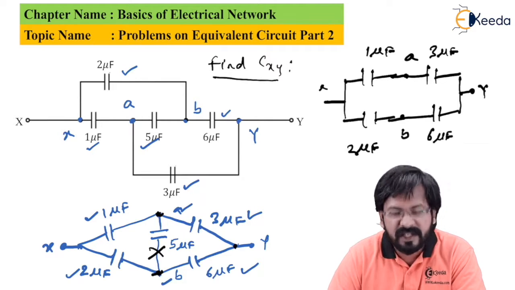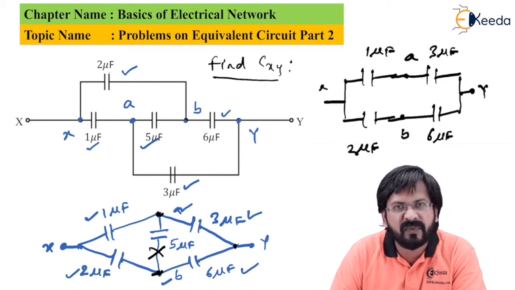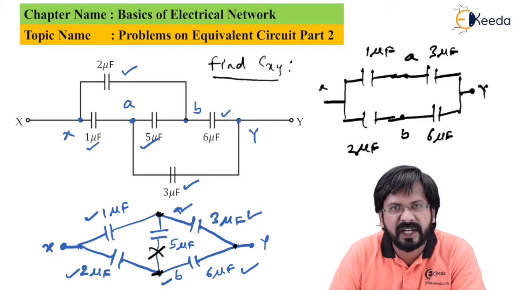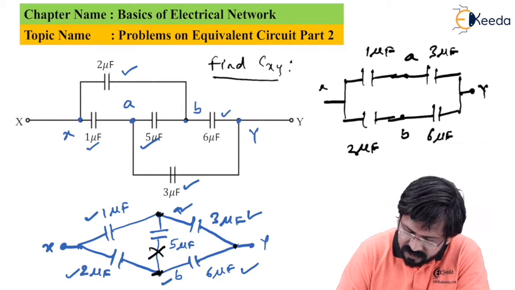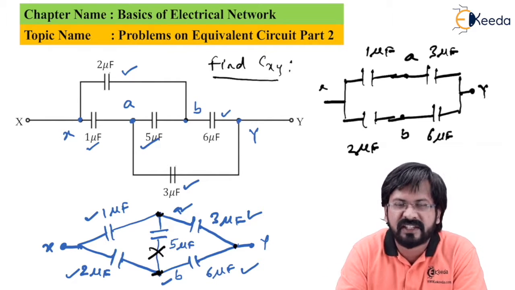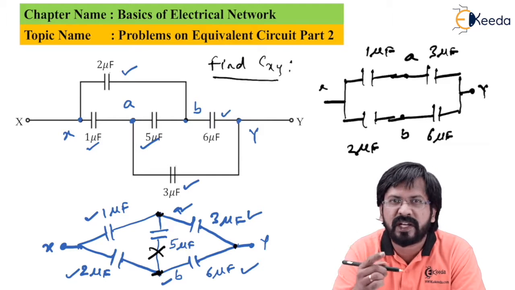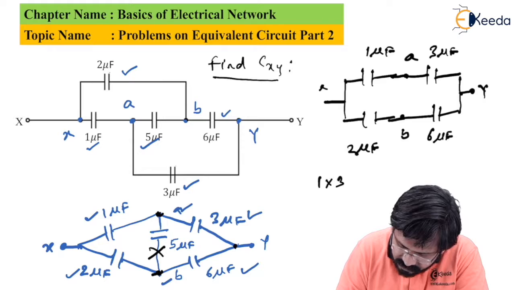Now it is very easy. 1 microfarad and 3 microfarad in the upper branch are connected in series. 2 microfarad and 6 microfarad are again in the lower branch connected in series. Having their equivalent capacitances will be like this. For the upper branch, where 1 microfarad and 3 microfarad are connected in series, the equivalent can be taken as 1 into 3 upon 1 plus 3.